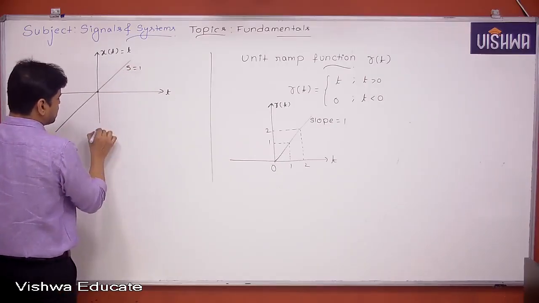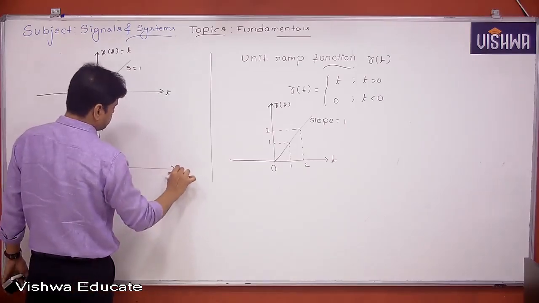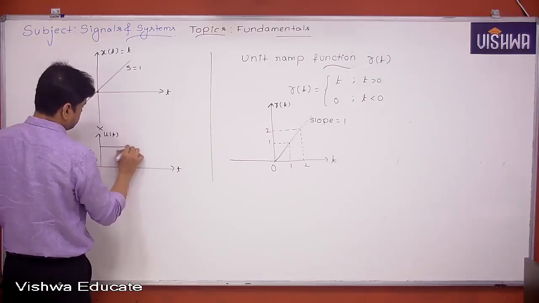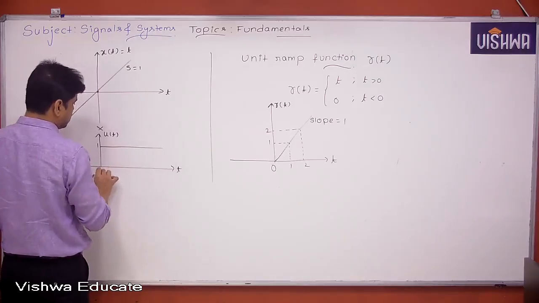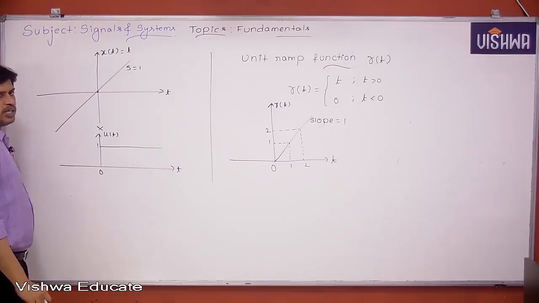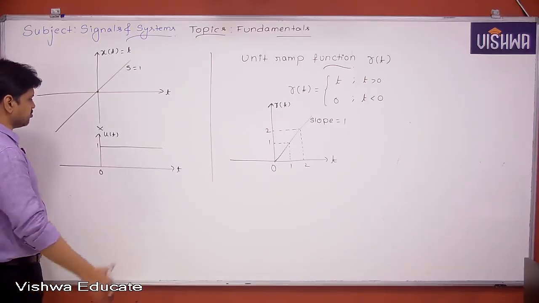If this function is multiplied with u of t, I told you, when any two signals are multiplied, we have to multiply the amplitudes at each and every point.